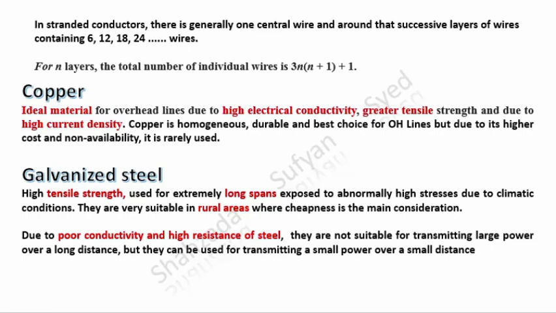These wires form strands, and for n layers the total number of individual wires can be found from this formula: 3n(n+1)+1, where n is the number of layers.